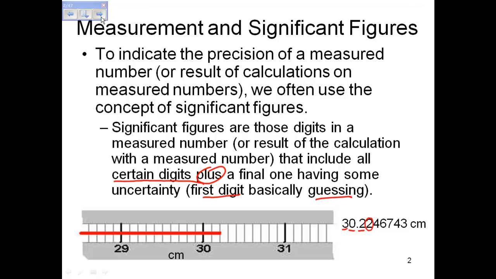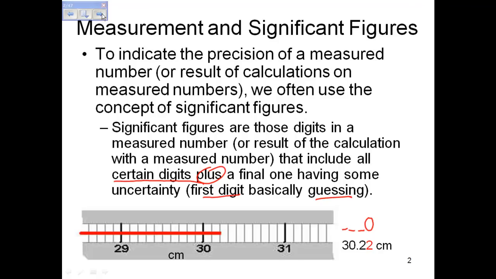So what does that make the 46743? Those are all guesses as well. So basically, when we use a measuring device, we do all the certain digits plus that first uncertainty is where we stop. So in this particular case, we should have read this number as 30.22 centimeters, stopping at that first one that we're guessing at.